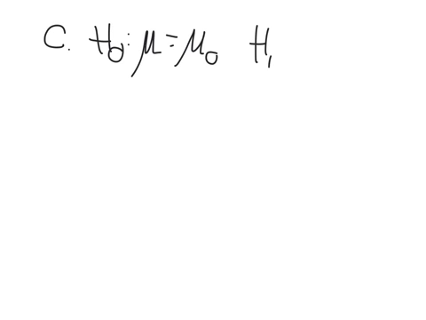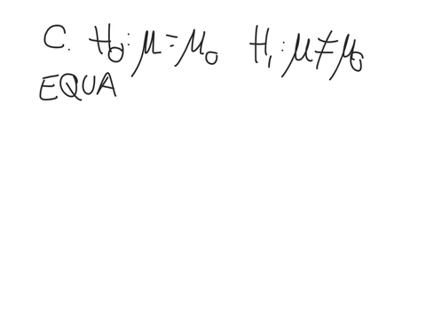Okay, and then the third case, case C, this is actually kind of a compound case. All right, so you're going to have H0: mu equal to mu sub 0 versus H1: mu not equal to mu sub 0. Okay, and this has a whole bunch of sets of words. It might just come right out and say equal to, not equal to.